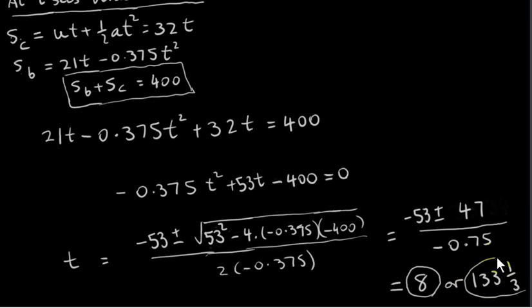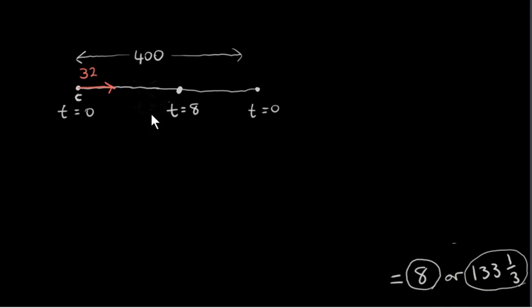This larger value is the time taken for the sum of these two distances to be 400 meters. Now let's see how far the car has travelled after 8 seconds.